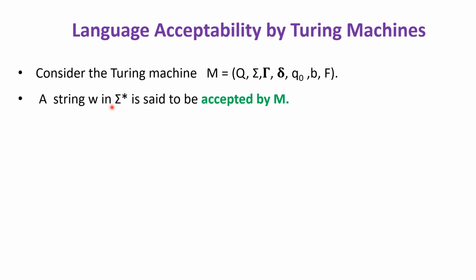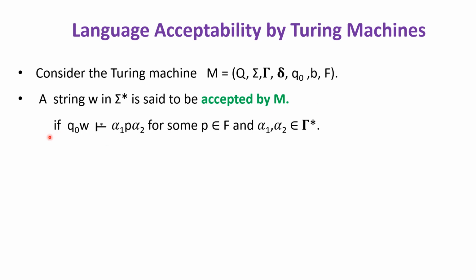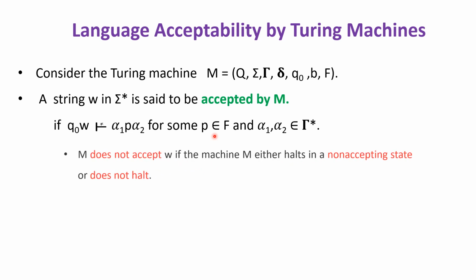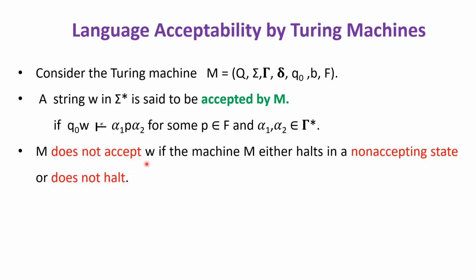A string w in Σ* is said to be accepted by M if, from the initial state q0 with the input string w, after multiple instantaneous descriptions it reaches α1 p α2, where α1 and α2 are tape symbols and p is a final state. M does not accept w if the machine M either halts in a non-accepting state or does not halt.